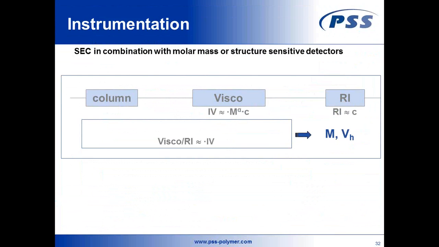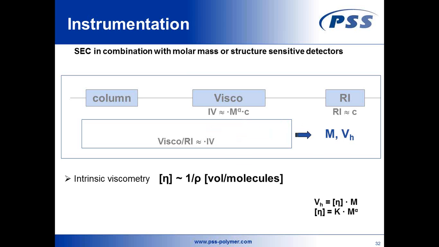That gives you structure information. When you are not using a light scattering detector but a viscometer, which measures the intrinsic viscosity of your solvent, then you get additional molar mass, structure and hydrodynamic volume information, because the intrinsic viscosity, the measurement value you get out of a viscometry experiment, is 1 over the density of a molecule.